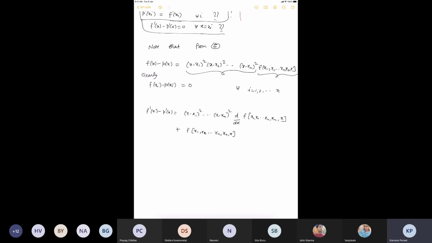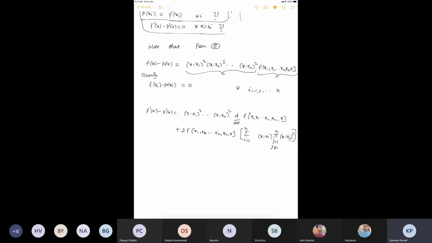So I will get a factor 2 coming, and then the summation, all written as a combined term. So I will have the sum over i equal to 1 to n of (x minus xi), and with the x minus xi, I will get the product of (x minus xj) square, j ranging from 1 to n and j not equal to i.